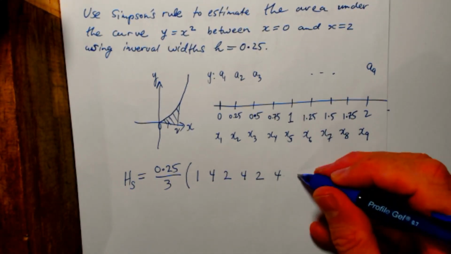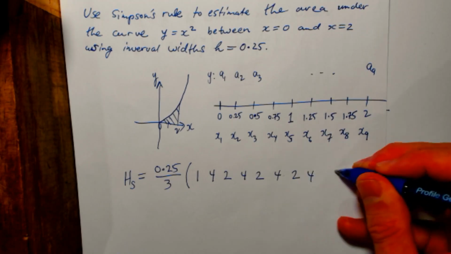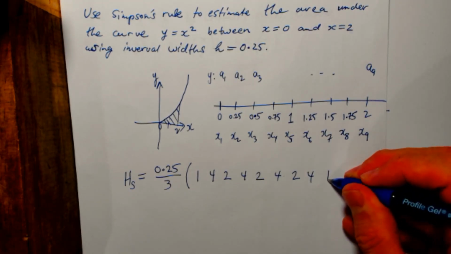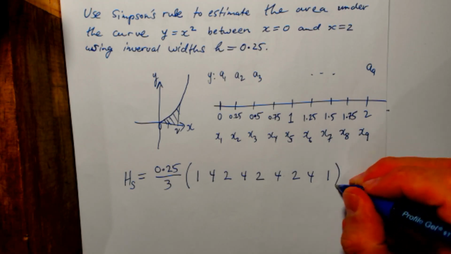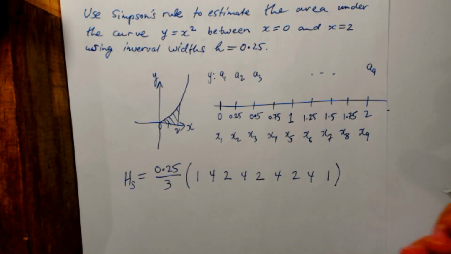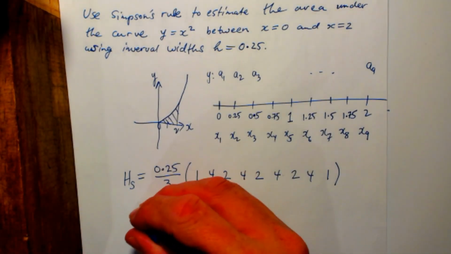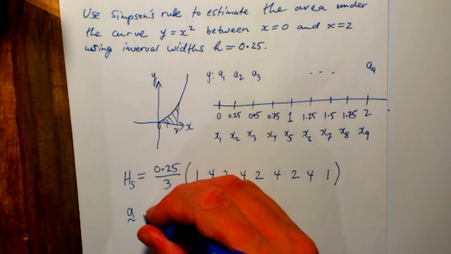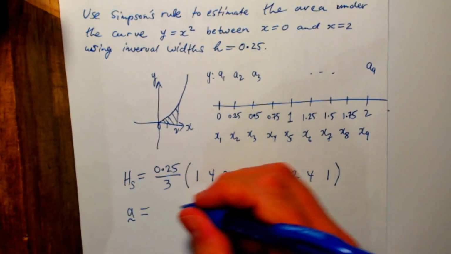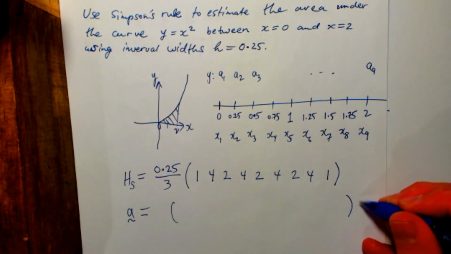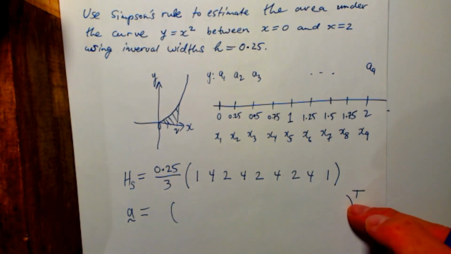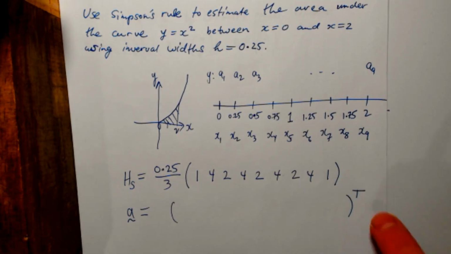So that's 6, 8, and then 9. There we go. And then now, as a column vector, but I'm going to write this as a row and then transpose it, so that you should read this as a column, and that's what that superscript T means, to transpose that, so you read it as a column.